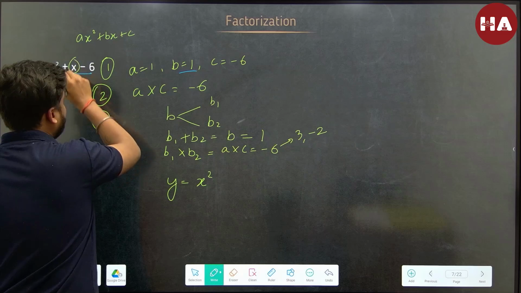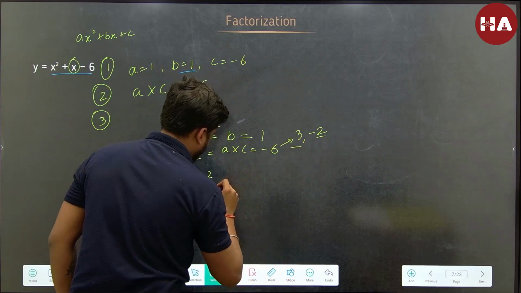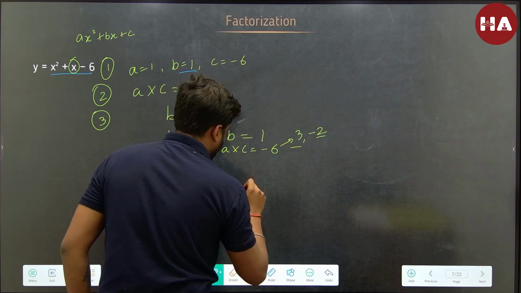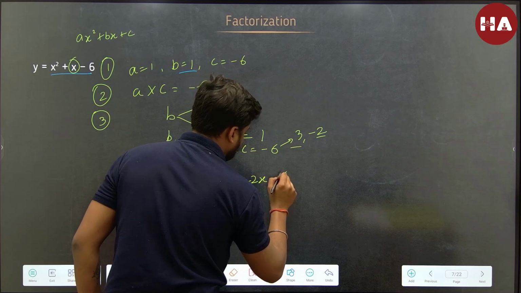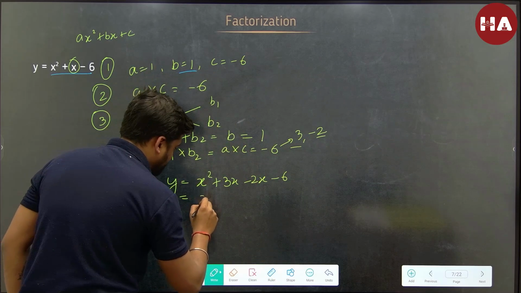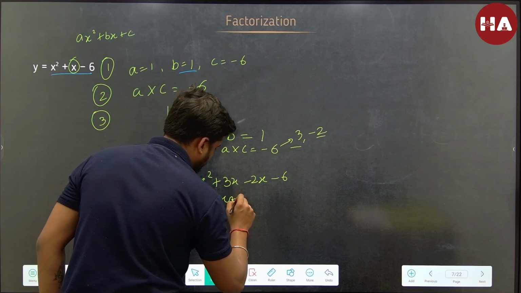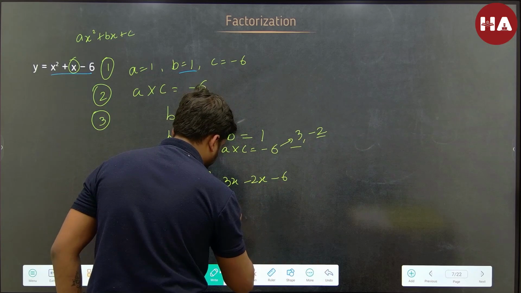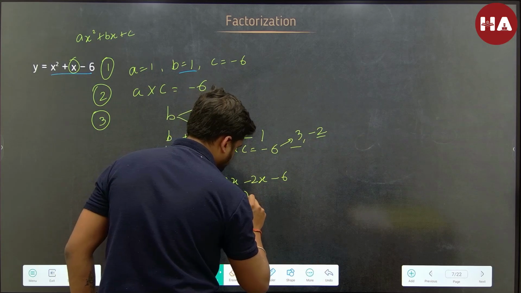So your function is going to break into x square, and the x term will break into these two: plus 3x minus 2x minus 6, that is equal to x plus 3 times x minus 2.